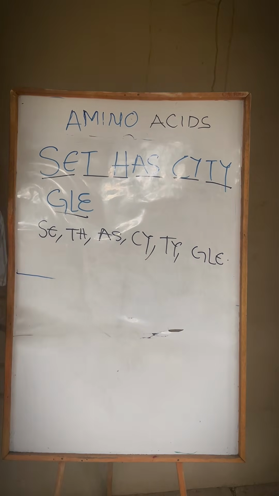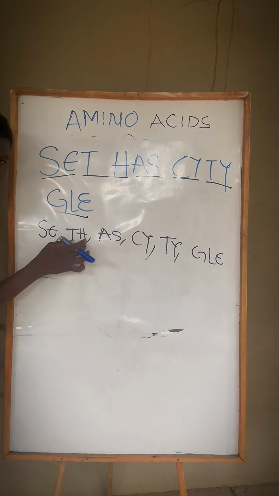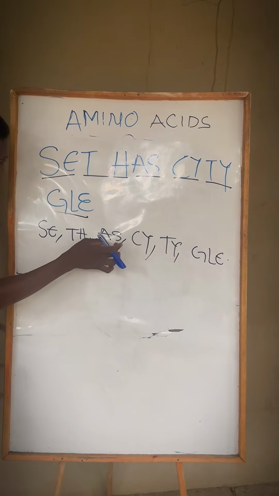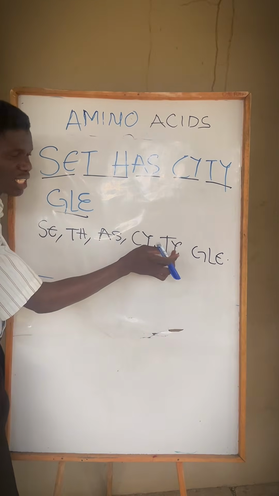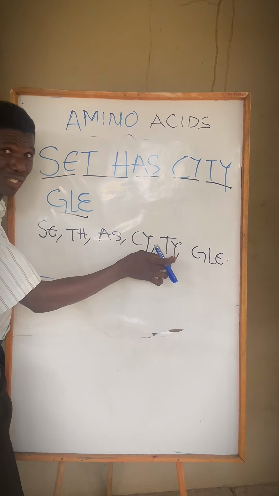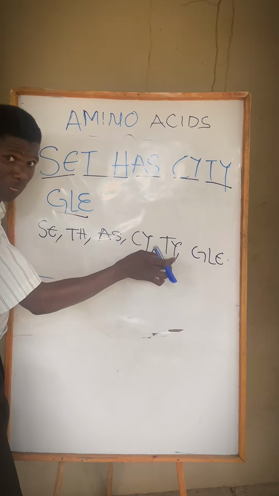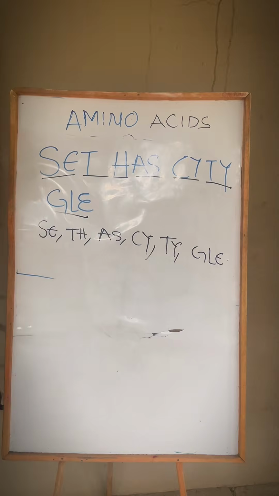SE is for serine. TH is threonine. AS is asparagine. CY is cysteine. TY is tyrosine. GL is for glutamine.